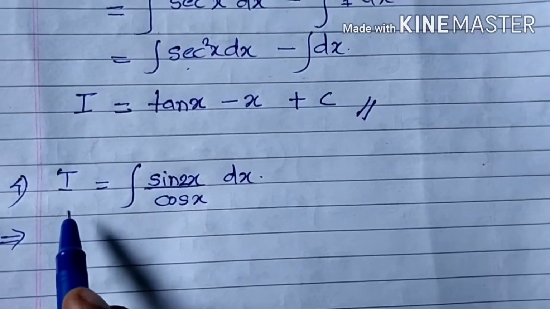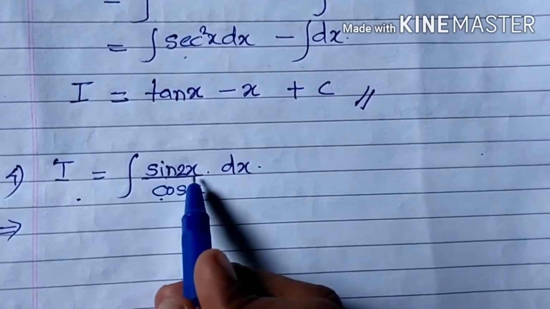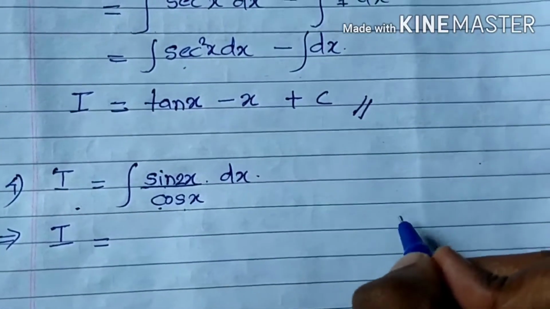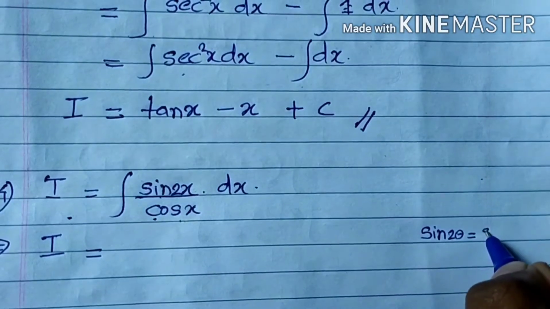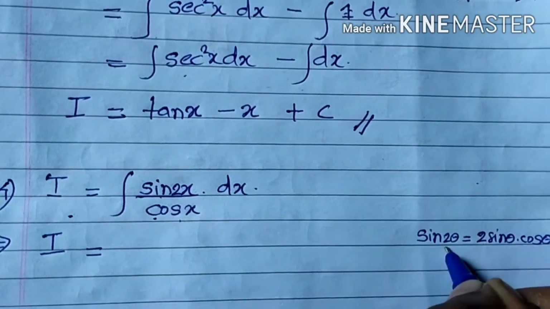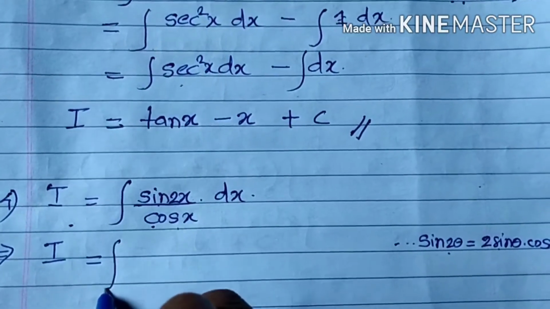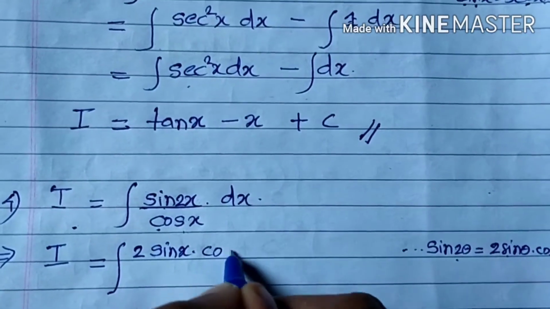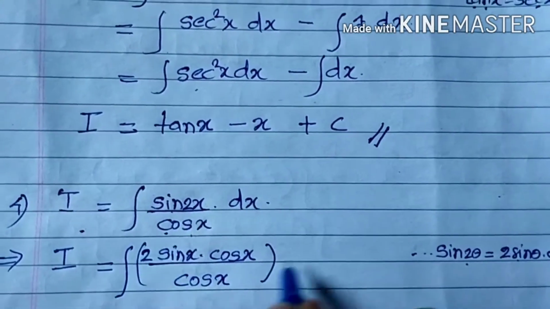Now next example is I is equal to integration of sin 2x upon cos x into dx, where sin 2x is a double angle. So here you can use the double angle formula: sin 2 theta is equal to 2 sin theta into cos theta. Means when the angle is double, it can be split into single angle. So using this formula, you can write 2 sin x into cos x upon this cos x as it is into dx.